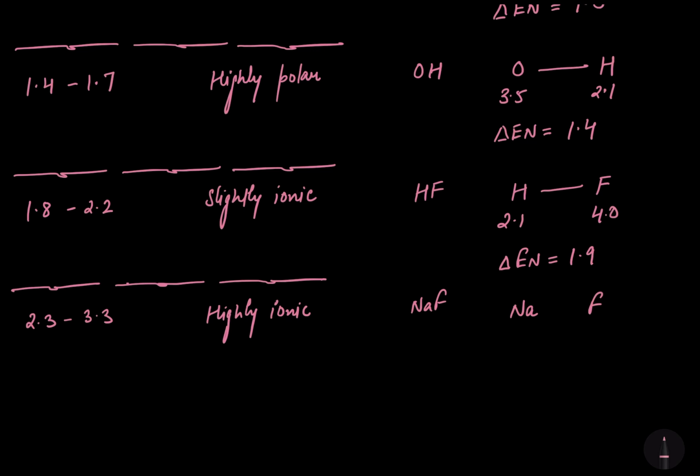It is completely ionic, Na positive and the F negative. The electronegativity of F is 4.0, and that of sodium, it's 0.9. So the electronegativity difference comes out to be 3.1 in this case. So the bond between sodium and fluorine is obviously ionic bond.